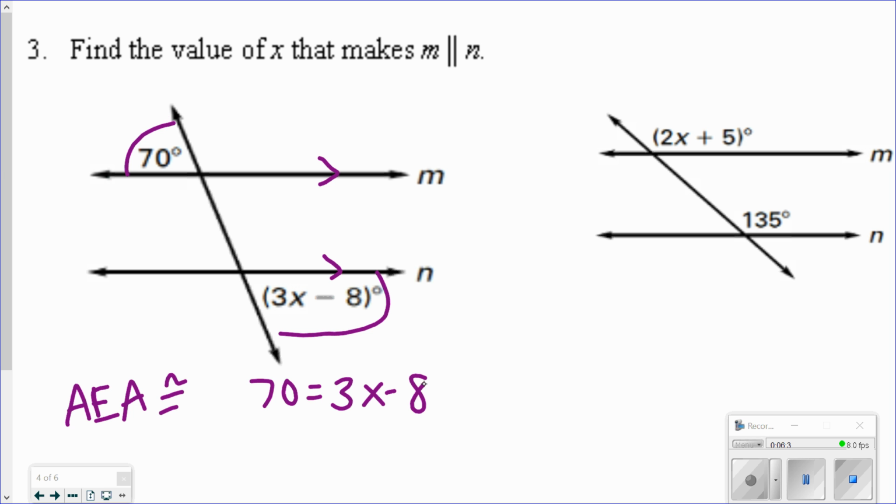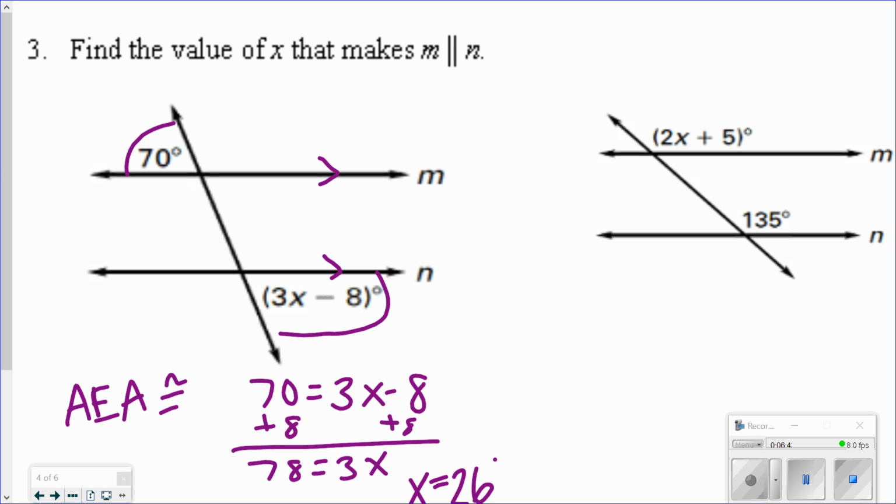All right, so I'm going to add 8 to each side. Add 8. So 78 is equal to 3x, which means x then is equal to 26. So if x is equal to 26, then lines M and N would be parallel.